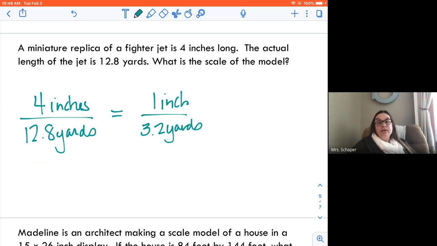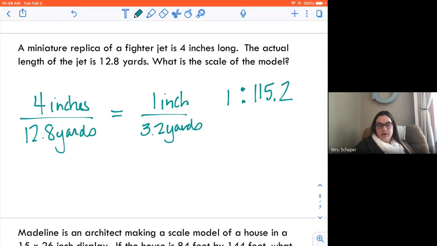Now, to make this into a scale model, we want to have the same units, right? So 3.2 yards is going to be times 3 times 12, because there are 36 inches in a yard. So it's going to be a 1 to 115.2.